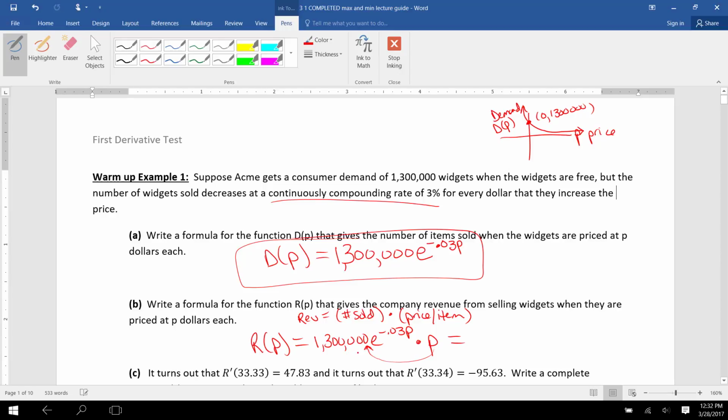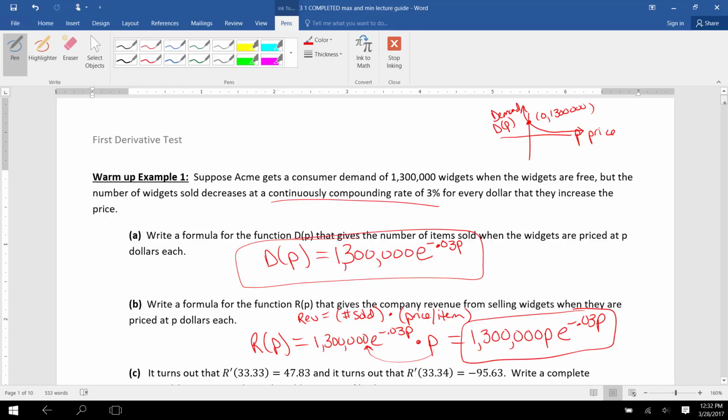It doesn't matter, it's up to you, but generally I think it would be more conventional to write 1,300,000 P times e to the negative 0.03 p. Again, it doesn't matter, it's just probably more common to see it this way.